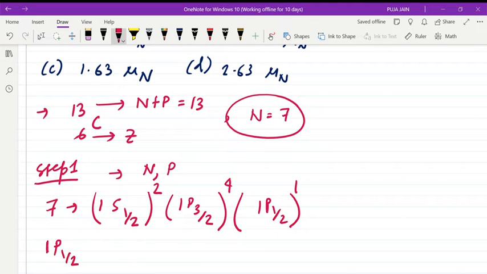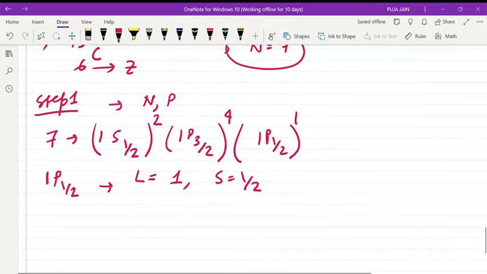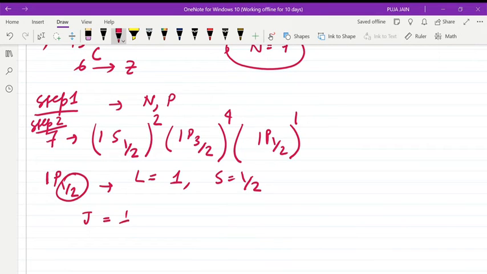So from here we can say L is what? 1. S is what? Half. So this is step 2. Now from here you can see my angular momentum J is equal to half, and this can be written as L minus S, right?